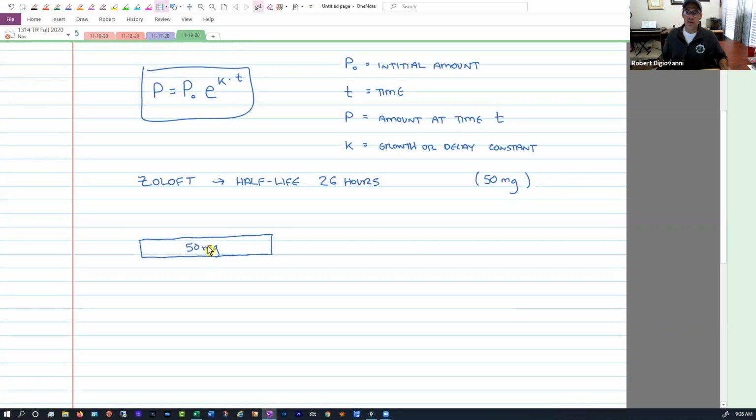That's how much is in your body at the time you take it, right? Well, 26 hours later, half of it will still be there. So you'll have 25 milligrams still in your body.